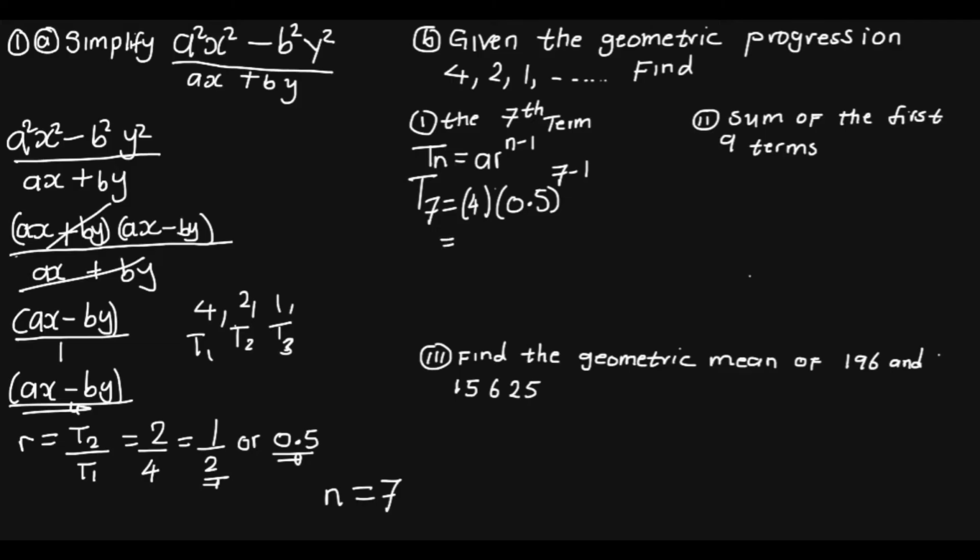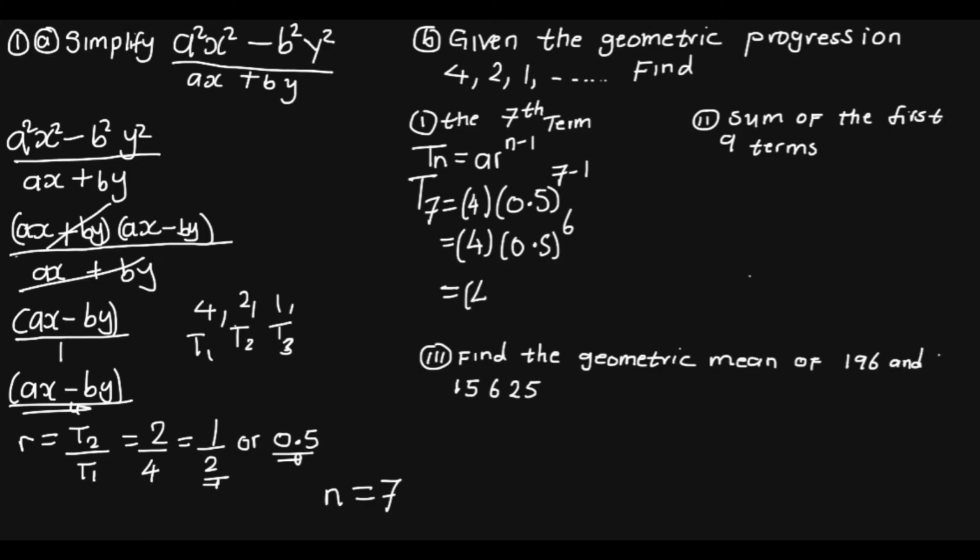Do not proceed by multiplying 4 times 0.5. First, we need to simplify 0.5 raised to the power 7 minus 1 before multiplying it with 4. So we bring down our 4, and 7 minus 1 is 6.